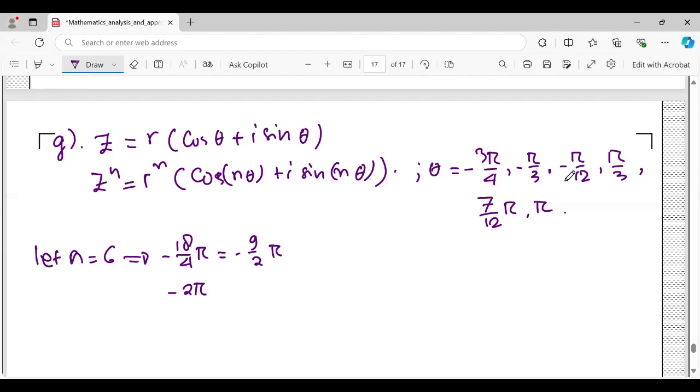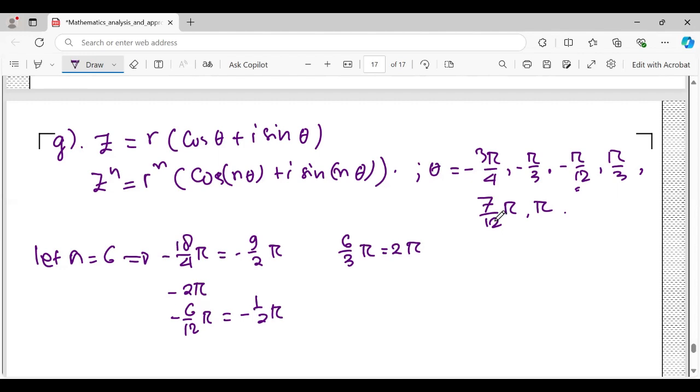If 6 times this number, it's going to be minus 6 over 12 pi or minus half pi. Next, 6 times this angle becomes 6 over 3 pi or 2 pi.